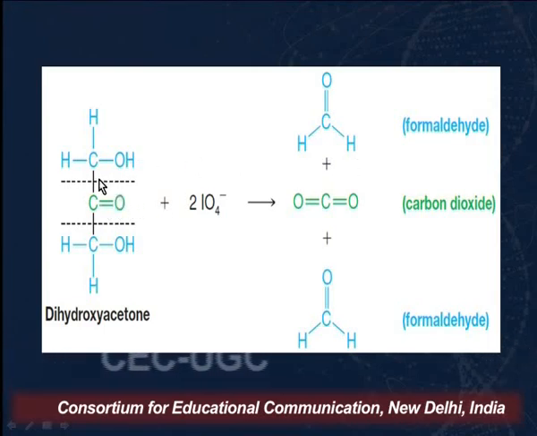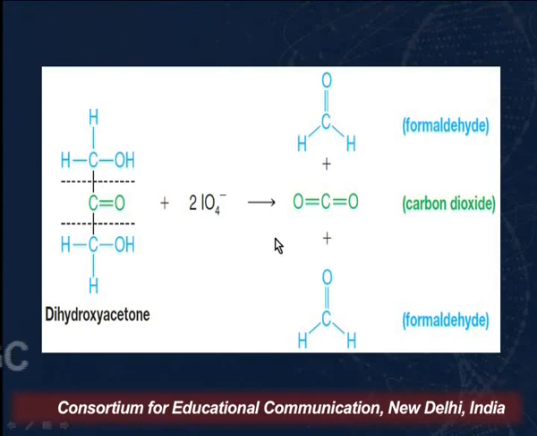Similarly, in this case, when we break it, we find that we have to satisfy two valencies. So when we do that, we'll add an OH here, we'll add an OH here, we will remove a water molecule, and what will we get? We will get carbon dioxide here. And similarly here, as I've explained, we will get formaldehyde here.